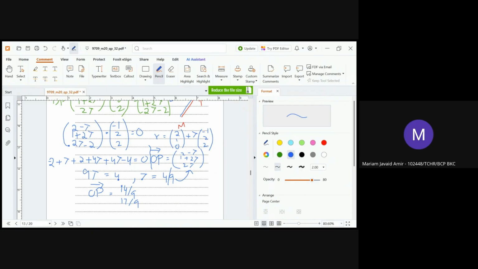And 2 lambda is going to be 8 by 9. However, please remember to write your final answer in the form of I, J, K, because this entire question was in the form of I, J, and K. So we're going to write 14 by 9 I plus 17 by 9 J plus 8 by 9 K. That's question 8.